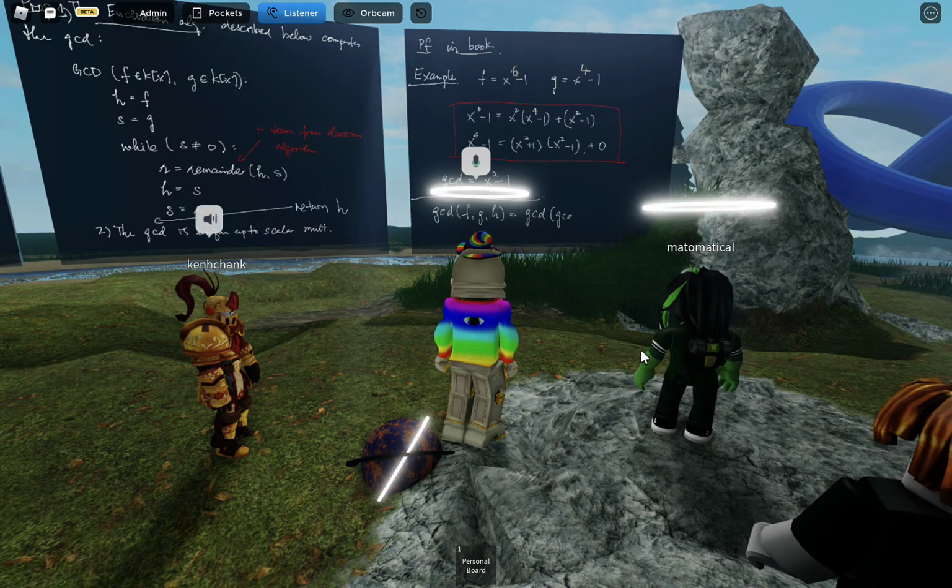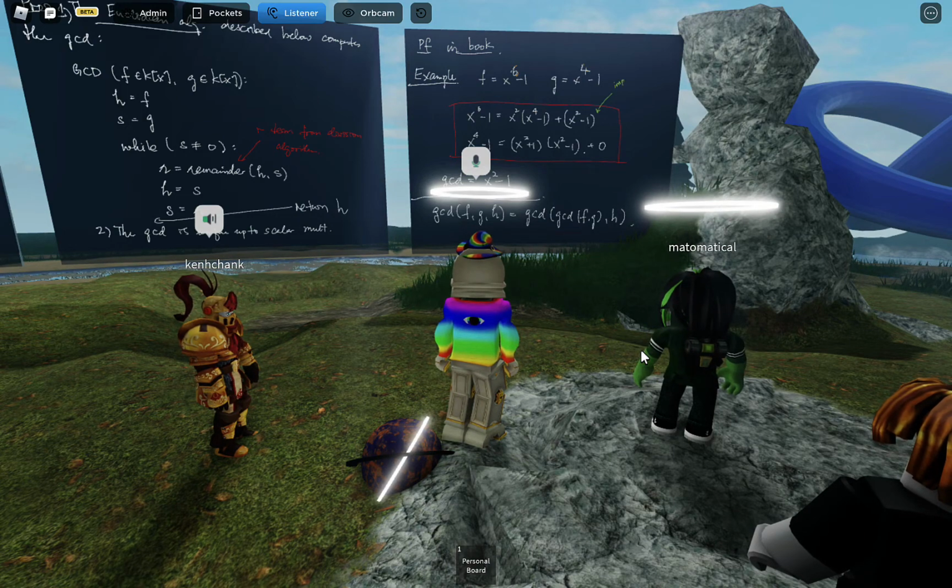The GCD of the GCD of f and g, with h, and it doesn't matter which way you do it. This is completely agnostic of the order in which you take the GCDs. As long as you've done this in some fashion, you get the GCD of f, g, and h, and this is just applying the algorithm multiple times.